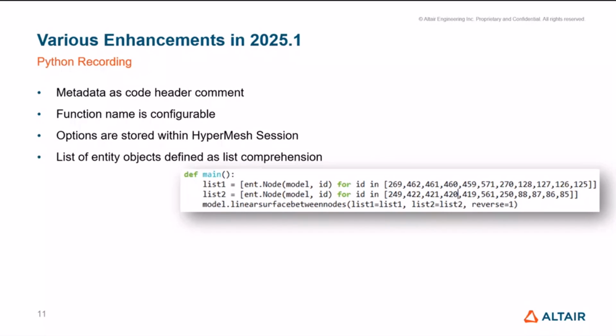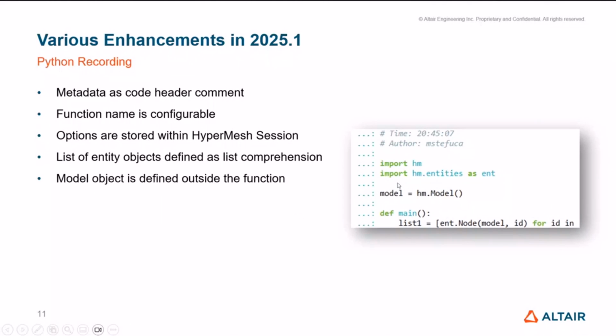Entity lists, if we are capturing them in the code, you as a user can choose to define them through list comprehension. This makes the code more readable. It's a bit easier for the user, and also easier to understand which entities were captured, because we've got the list of IDs nicely displayed ID by ID, rather than having a list of the constructor statements.